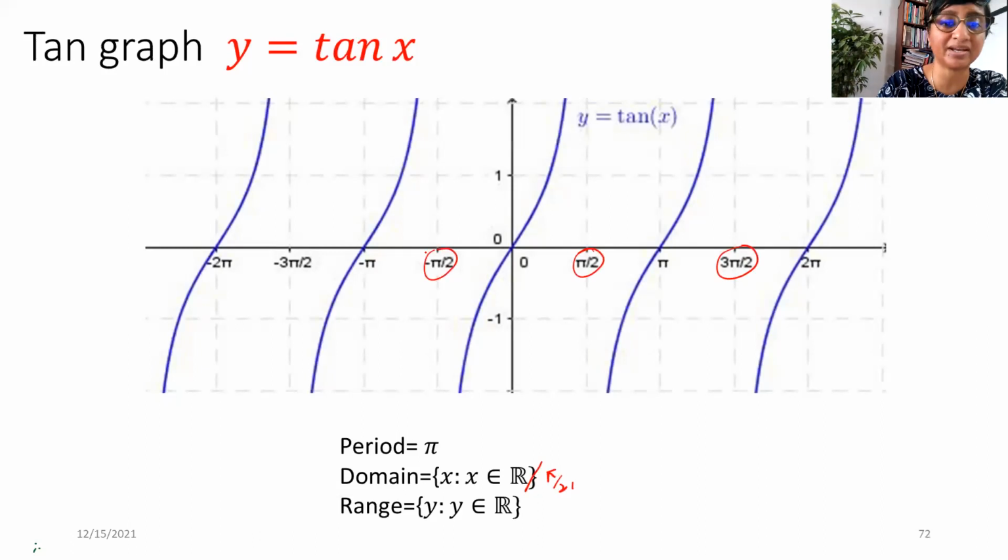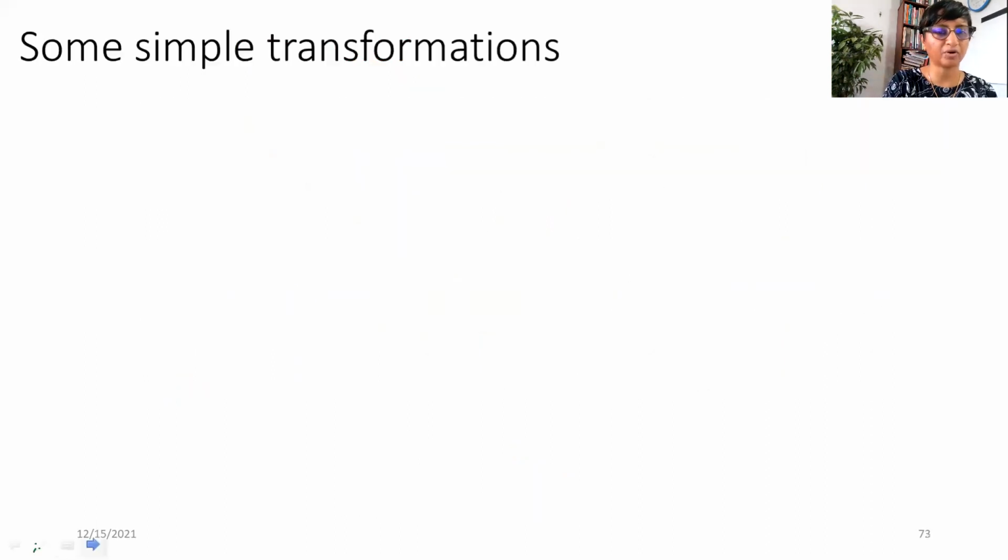The domain doesn't have those points, because for that point there is no output, so there is no such input in the tan. For the tan x graph, that value is not in the domain. So it is not accurate to say it's R. These values have to be removed. Okay, so don't think about that much. It's not that important to you.